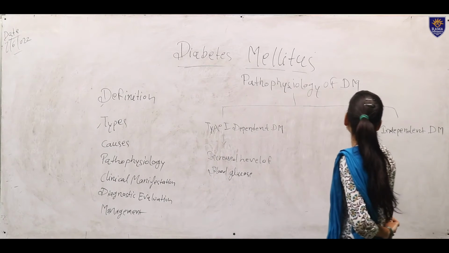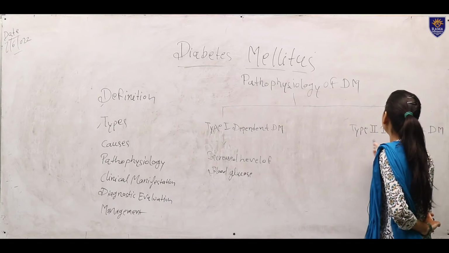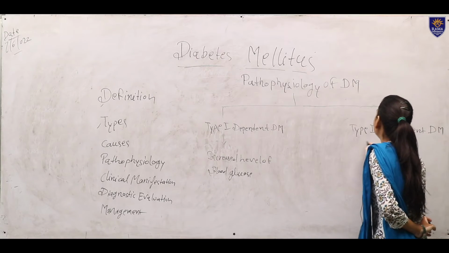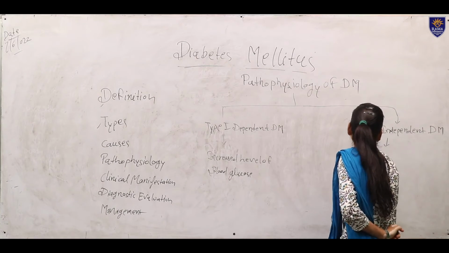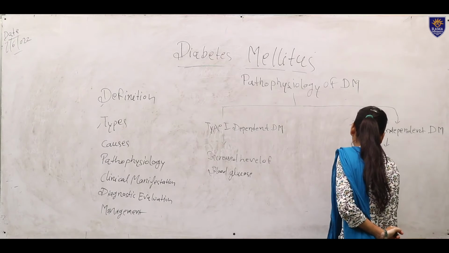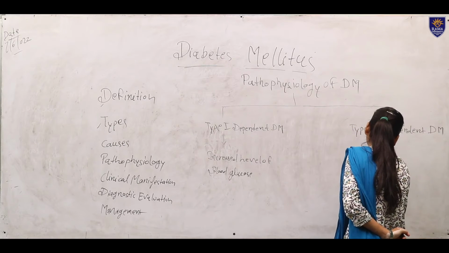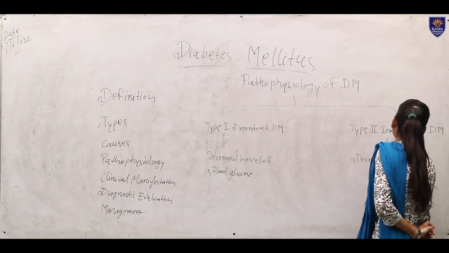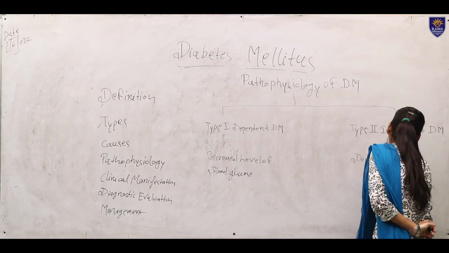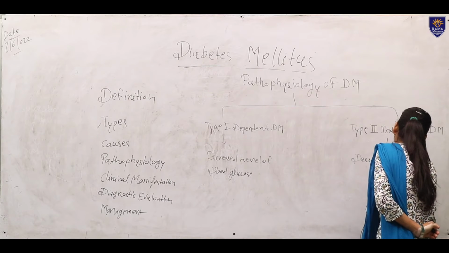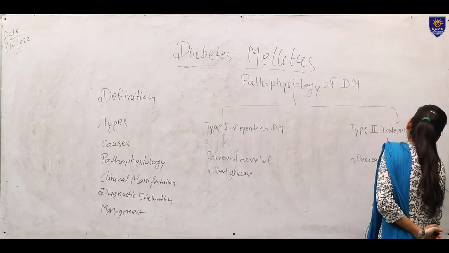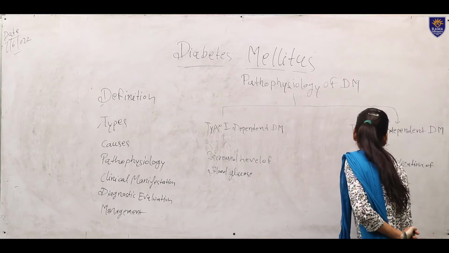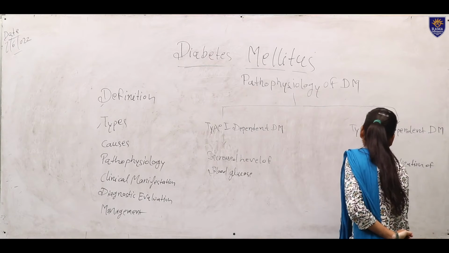Then in type 2, independent diabetes mellitus, there is decreased production and decreased utilization of insulin.